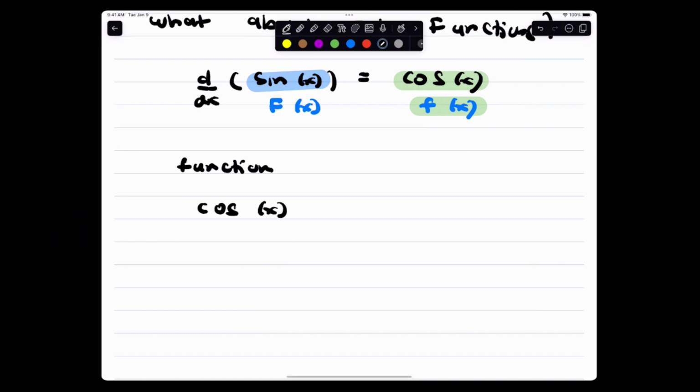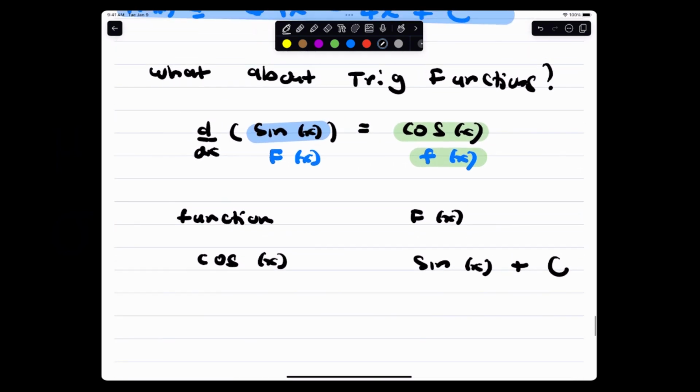What is the antiderivative of cosine? Sine. And I use big F for antiderivative. You guys okay with that one? As opposed to the word? And I could put plus C because it's the general form. But this is where it comes from.